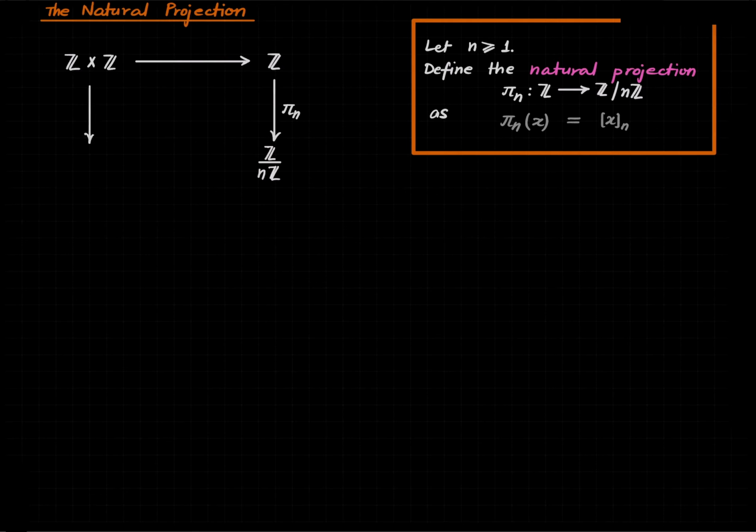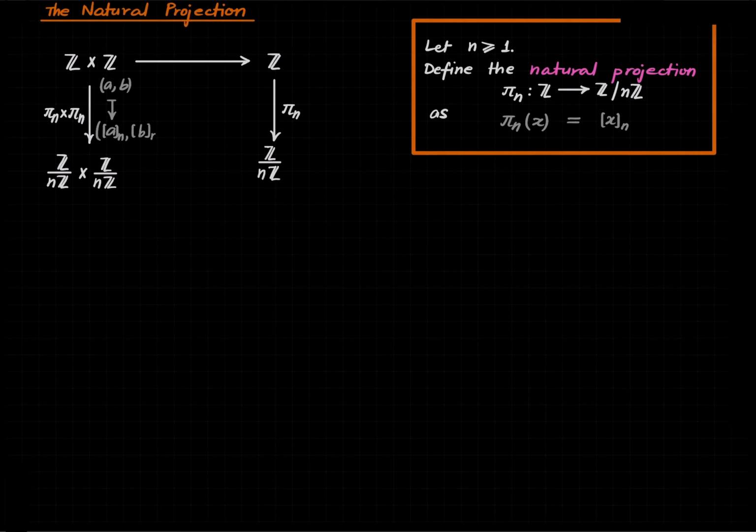So here I may fold out both the entries to map into the Cartesian product of the folded world. So what is this vertical map? What is this map? It just takes a comma b to the equivalence class of a comma the equivalence class of b.